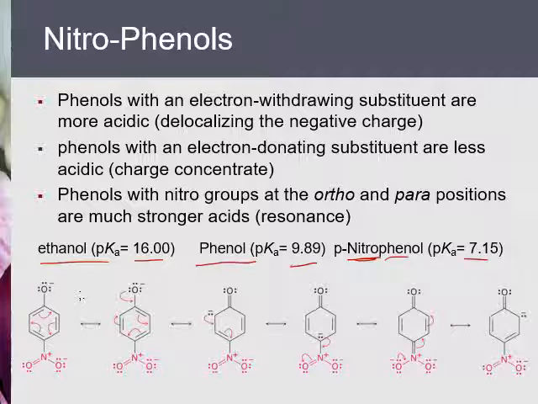This is because a nitro group on the para position of phenoxide can stabilize the anion by resonance. You can draw 6 resonance structures. The more resonance structures you can draw, the more the negative charge is delocalized and the more stable the anion becomes, and therefore the phenol is more acidic.